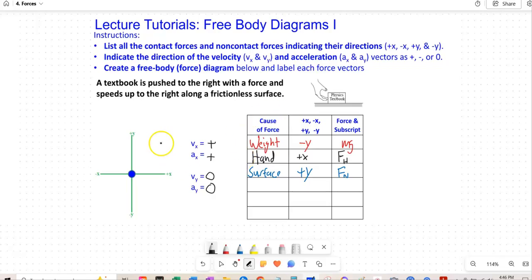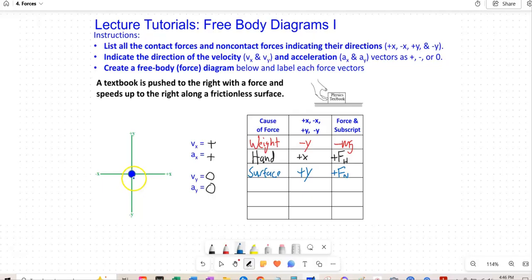Now that we have this all filled out, let's go ahead and copy these vectors over here. Now, since this is pointing in the negative y direction, I'm going to make this negative. I'm going to make this force positive, since it's pointing in the positive x direction. And I'm going to make this a positive. And I'm just going to copy these vectors right over to our force diagram.